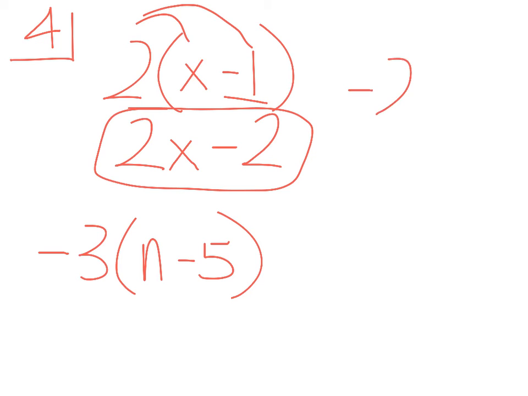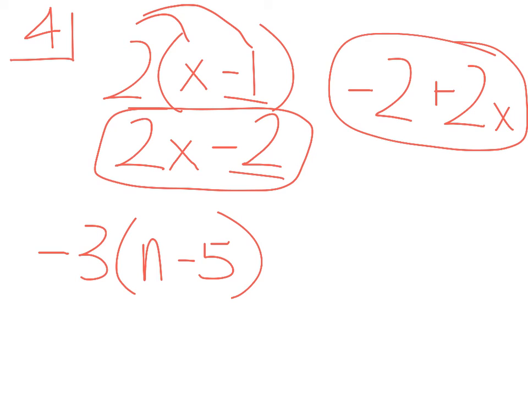You can use the commutative property though and flip this around. Negative 2 first and then positive 2x. So that's another way you could write it. And then again, 2 more ways with double signs. The part B here, negative 3 times n minus 5. Again, you can't do n minus 5. That's simplified. They're not like terms.